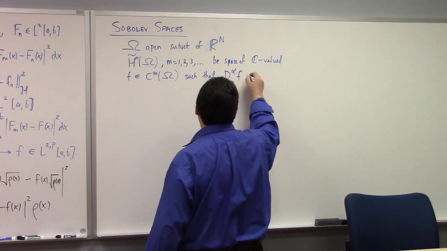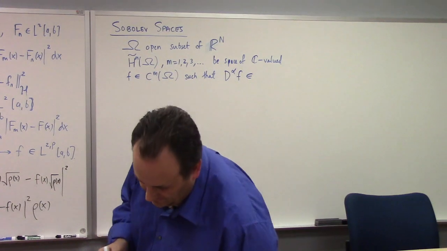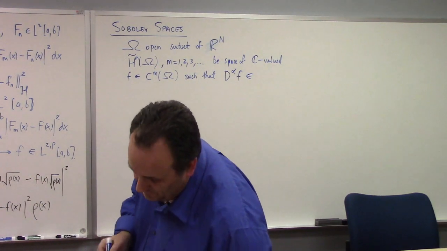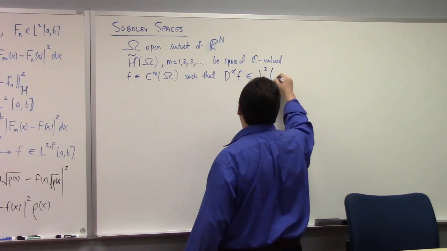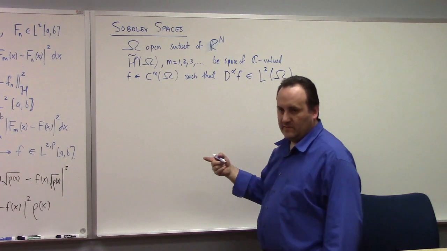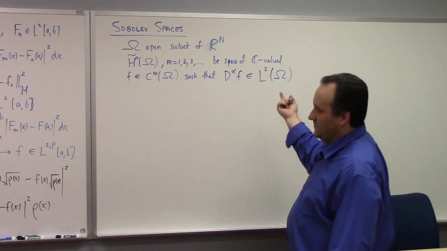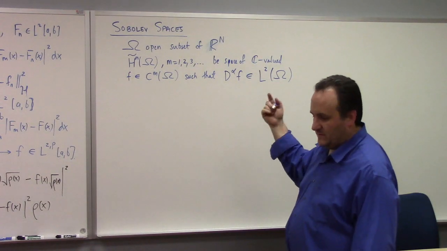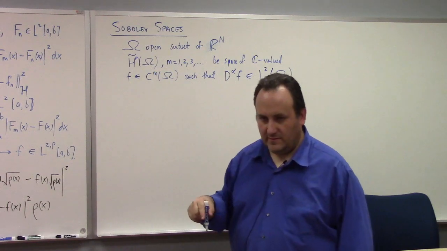of f is an element of L2 of omega. So what was that? That was the Lebesgue integrable functions on that open set of R^n, right? The things built in terms of the step functions of the cubes in R^n at the end of chapter 2.